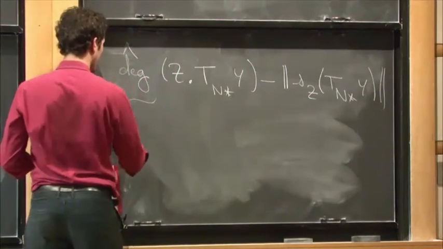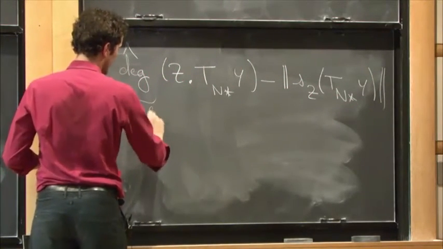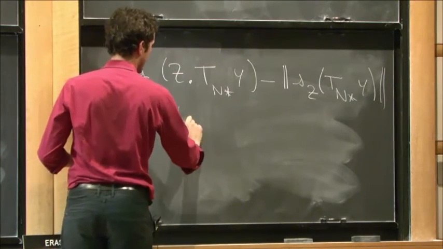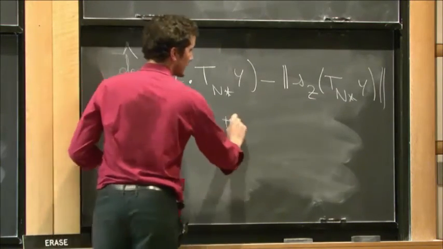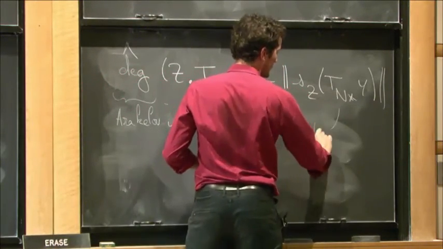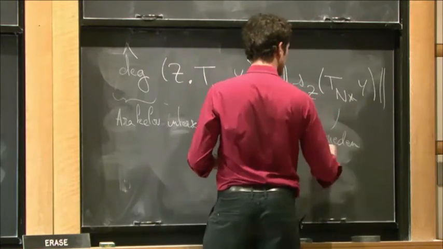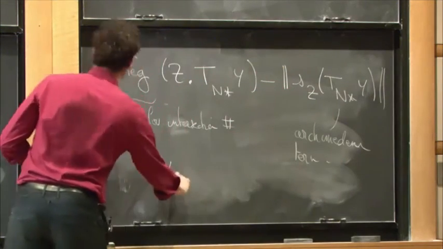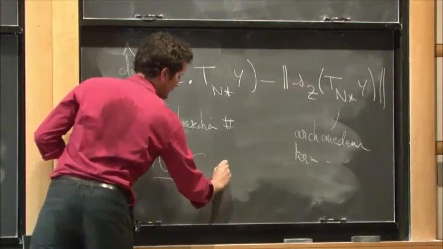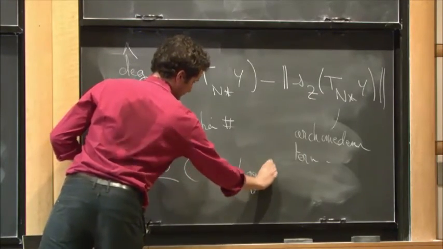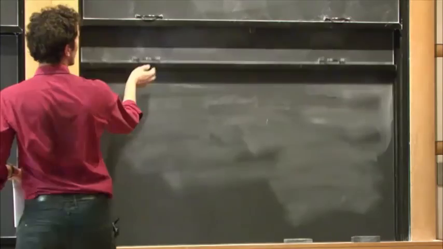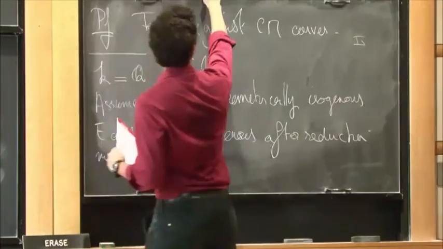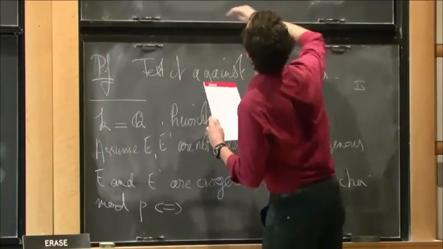So this is the hierarchy of degree. That's the hierarchy of intersection number. And this is some Archimedean term. And this, as a whole, is still C n log n.